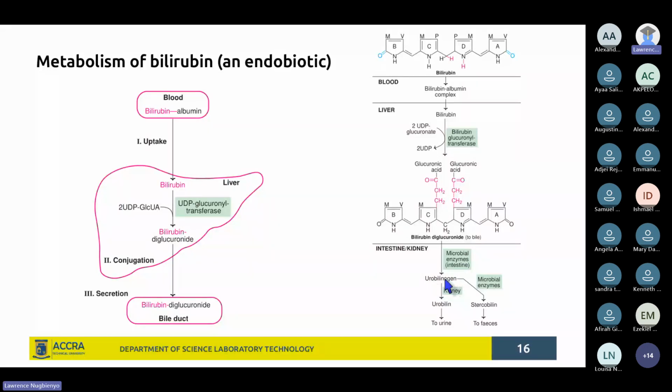You see, urobilinogen goes to the kidney, and in the kidney gets converted into urobilin, which then comes out with urine. So part of it gets excreted in urine, which is actually responsible for the yellow color of urine.